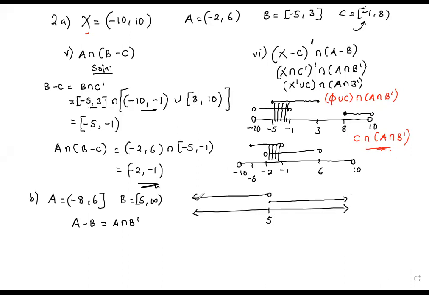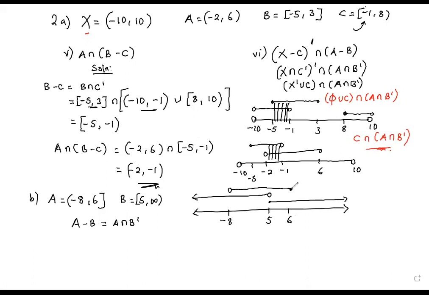Then there's A. A is from -8 all the way up to 6, not included, included. And so we must get the intersection, A intersection B complement.